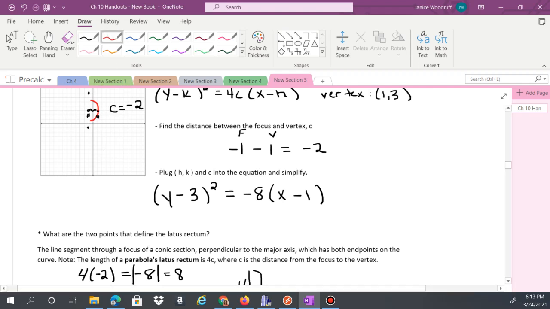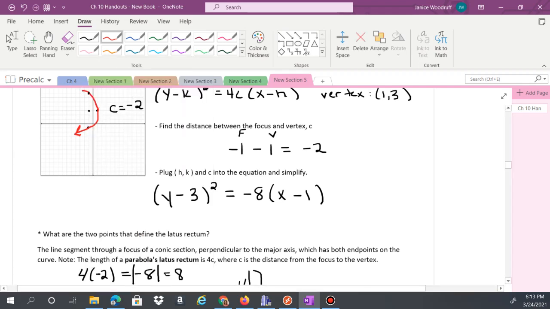Which means that my parabola is actually going to look, I'm going to have to erase a few things, but we'll get that there. Okay, so negative 1, 3 was right here. So this is what my parabola is actually going to look like. I'm going to go through this point. There's my vertex. I'm going to go through that point.